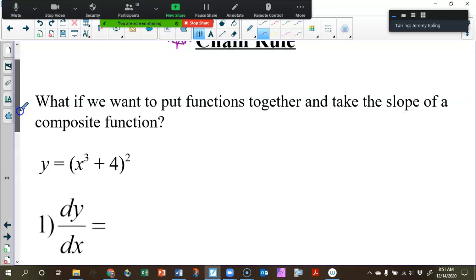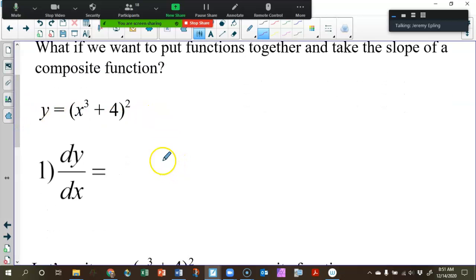And so we're going to use problem number 2 to make sure we understand how we take the derivative, the slope of function composition. Okay? So you all took this problem and you found the derivative. You multiplied out to expand function y, and you got the derivative was 6x to the 5th plus 24x squared.